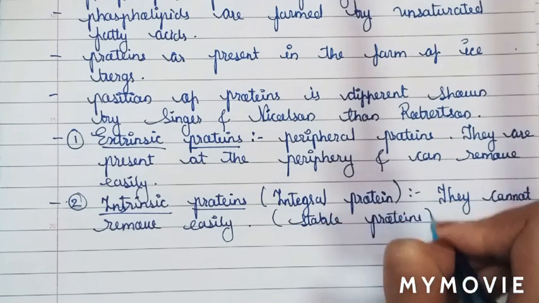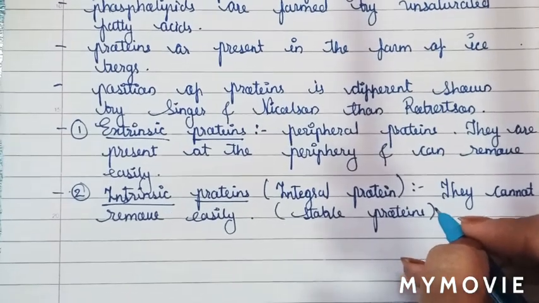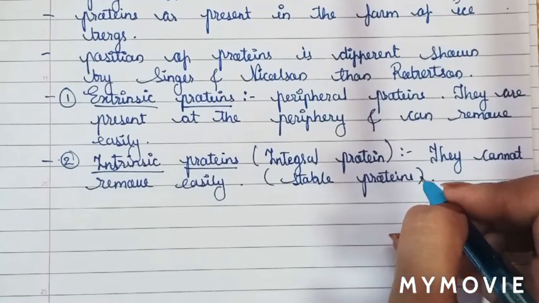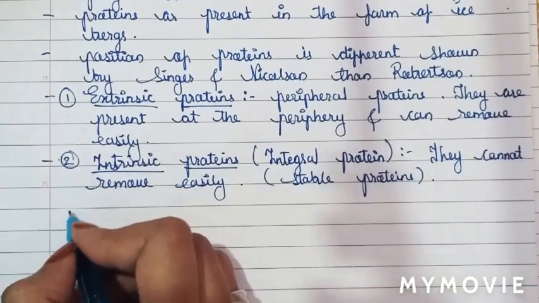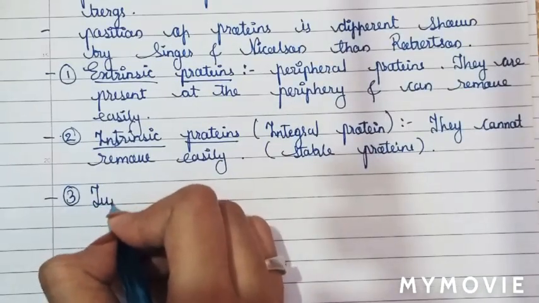And the last protein is the tunnel protein, the largest protein in the fluid mosaic model, present in the plasma membrane. We will write here the third: it is a tunnel protein.